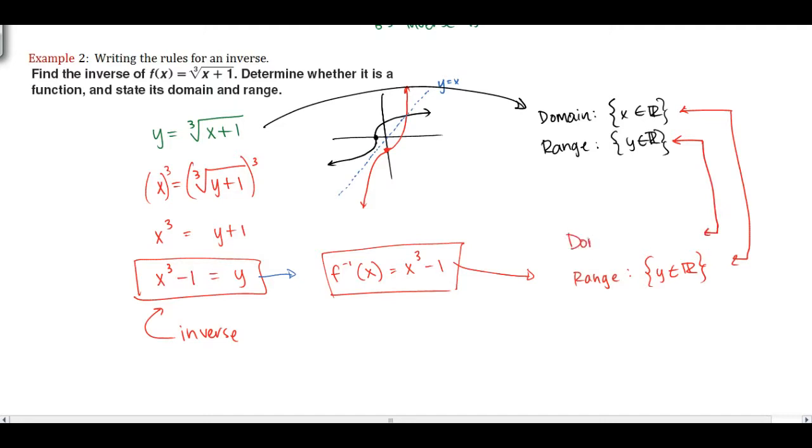Now look at the graph and see if you can figure that out anyway. But it's nice to know that the domain and range on an inverse will flip. Always something that sneaks up. And that is how you find the inverse. That's how you find the rule. And next, we'll talk about proving. So hold tight.